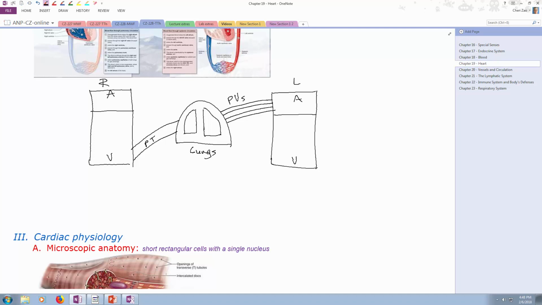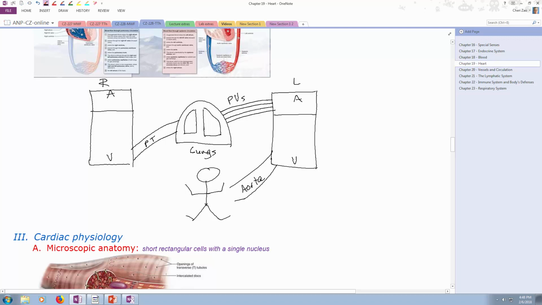So now, what's the vessel that leaves the left ventricle? Aorta. So let's draw our aorta going to our body. And this is how I'm going to draw my body. And then from the body, blood is going to go back to what chamber? Right atrium. So we have to be a little creative over here.